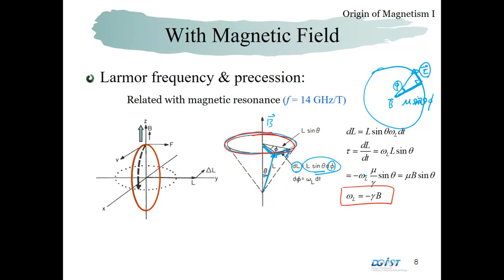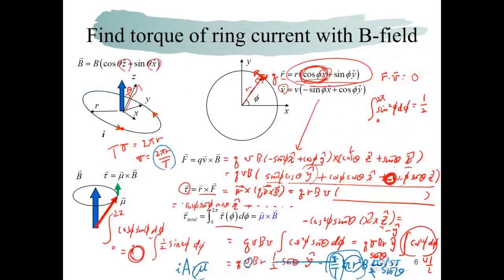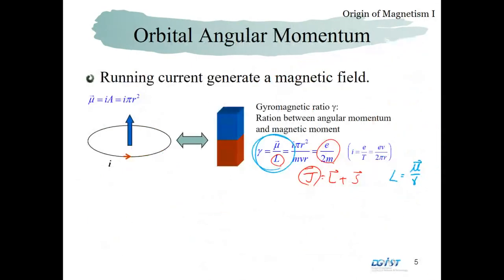So, let me go back to the definition of the gamma again. Here, the gamma is defined by the ratio between the magnetic moment divided by the angular momentum. So the unit of this gamma is charge divided by the mass.